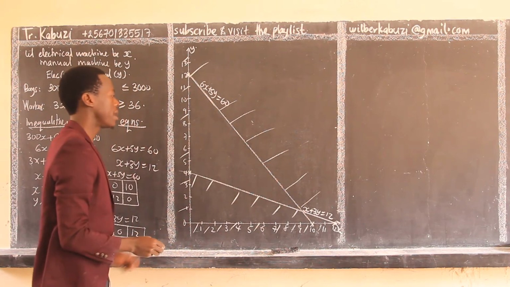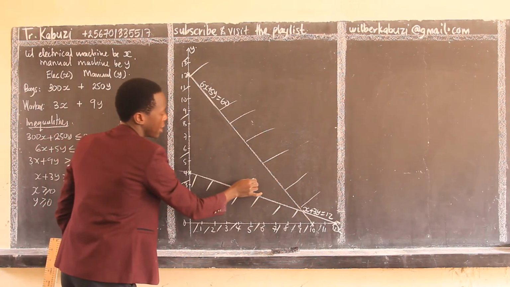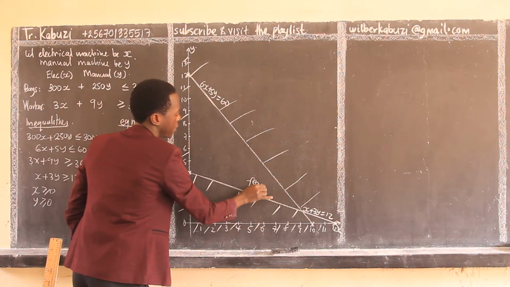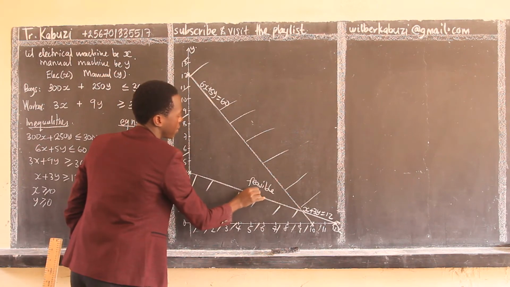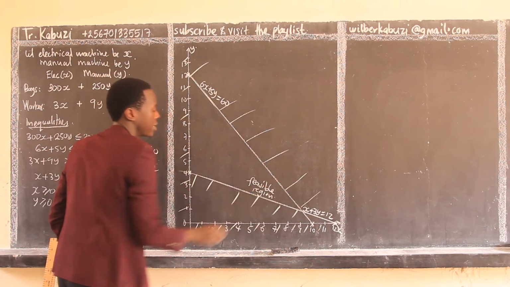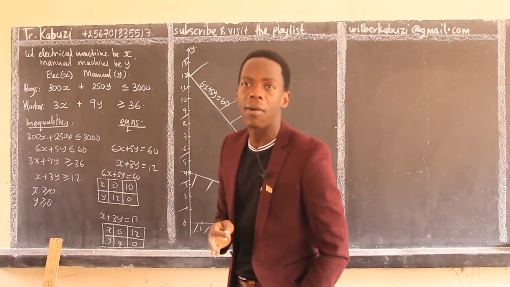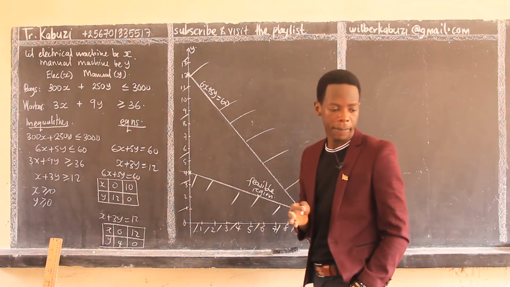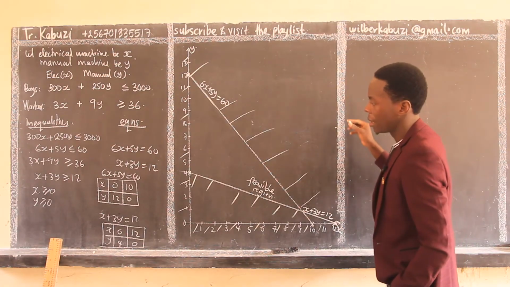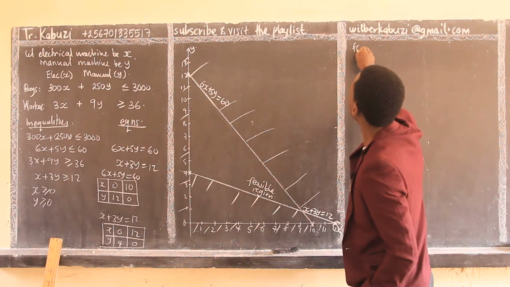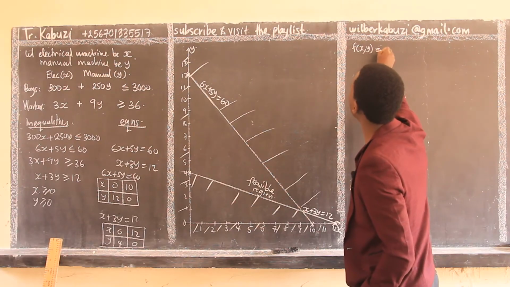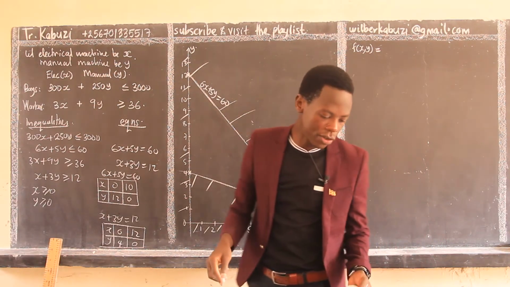So this is going to be our feasible region, where we can get points to maximize. Now from there, you can see that we need to get our function f of x, because we are going to minimize the cost.